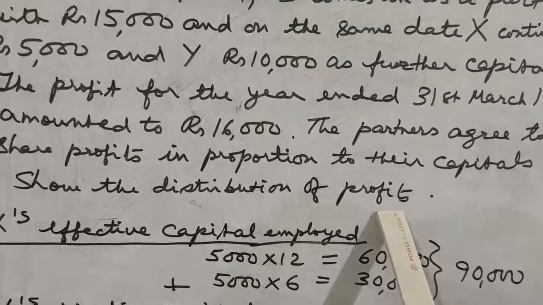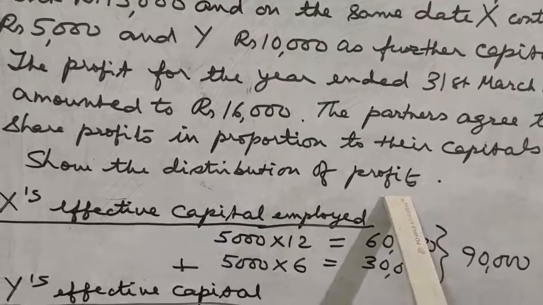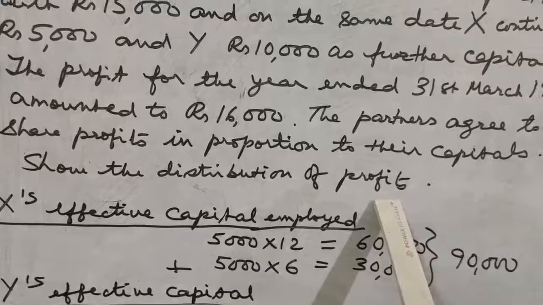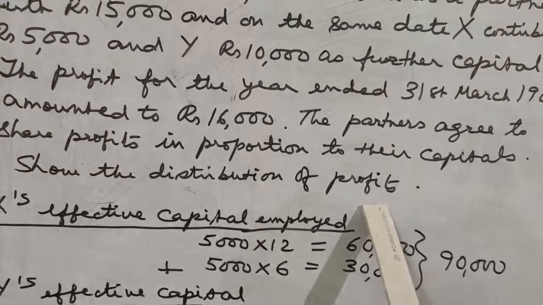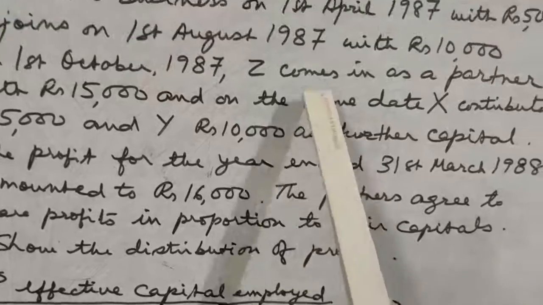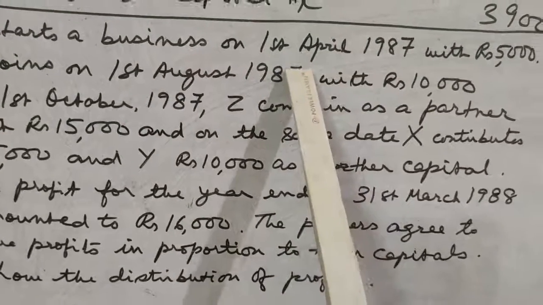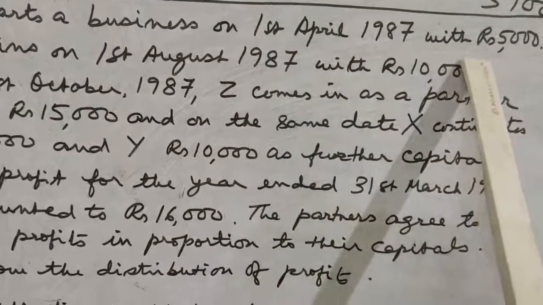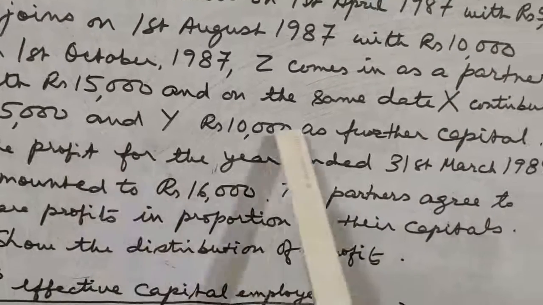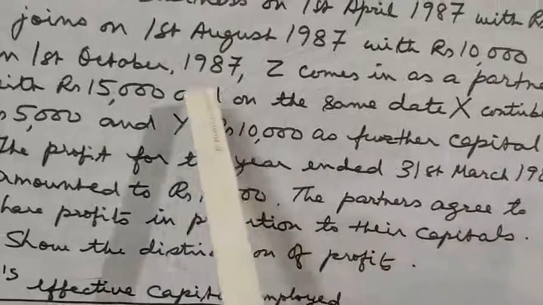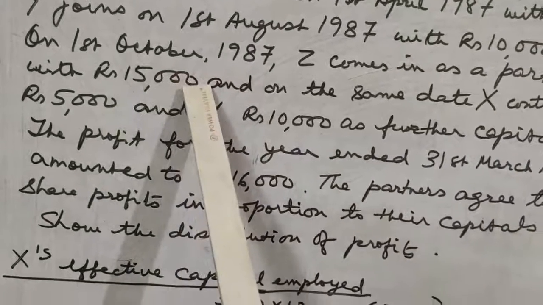So in this case, we will calculate the effective capital employed of X, Y and Z. Now if you take effective capital employed of X, he started the business on 1st April with rupees 5,000 and he put in another 5,000 on 1st October 1987.